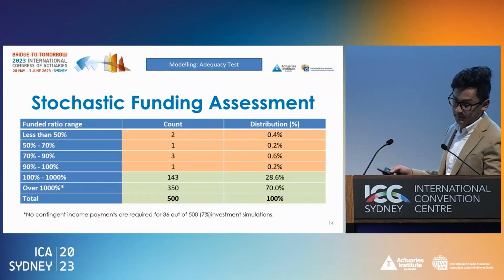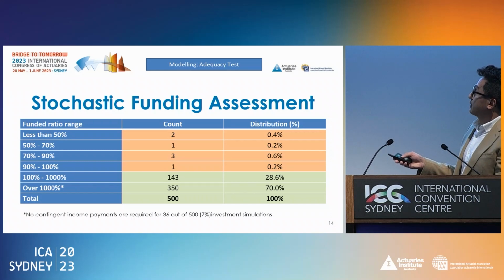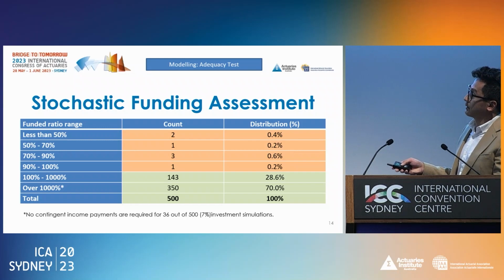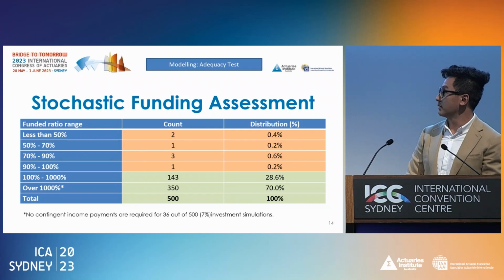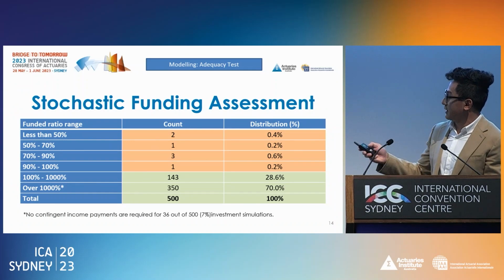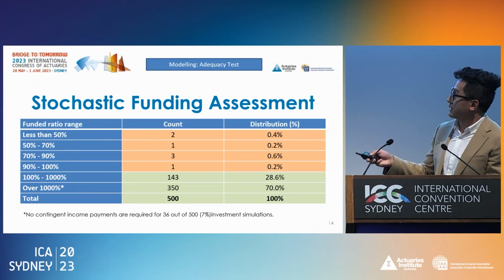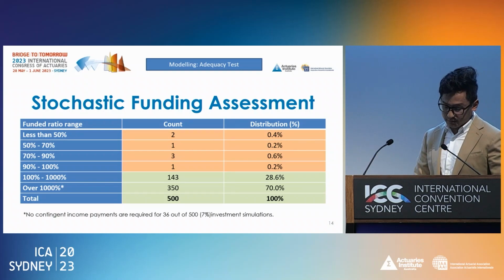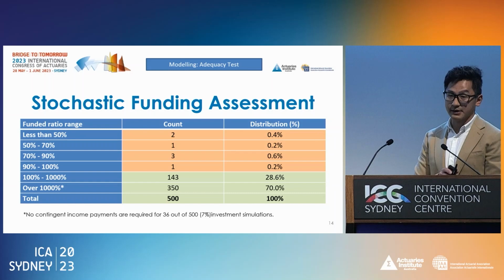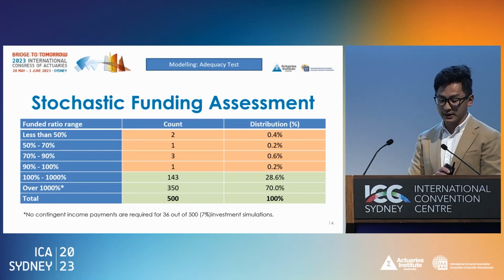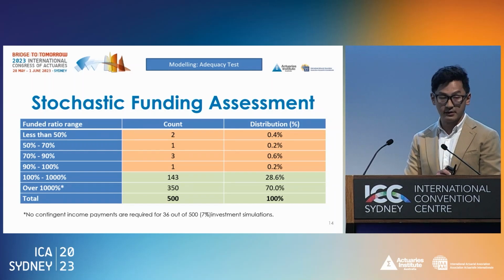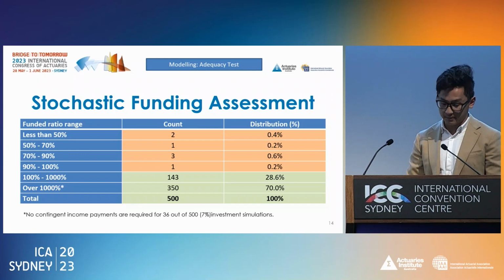In most scenarios, which is around 98% of the investment simulations, it results in a funding ratio over 100%. And actually, there's a big chunk of simulations that result in a really high funding ratio. So this highlights the conservative nature of our strawman design, and there is definitely room for refining the parameters to provide a better outcome.